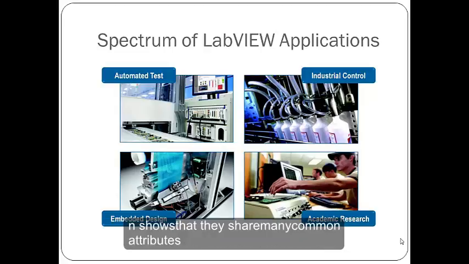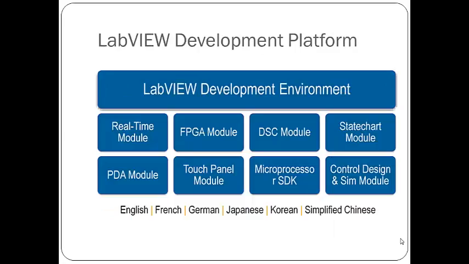While these applications may appear at first glance to be very different, with unique requirements and constraints, a closer inspection shows that they share many common attributes. LabVIEW can be used to develop custom software that accomplishes each of these tasks.